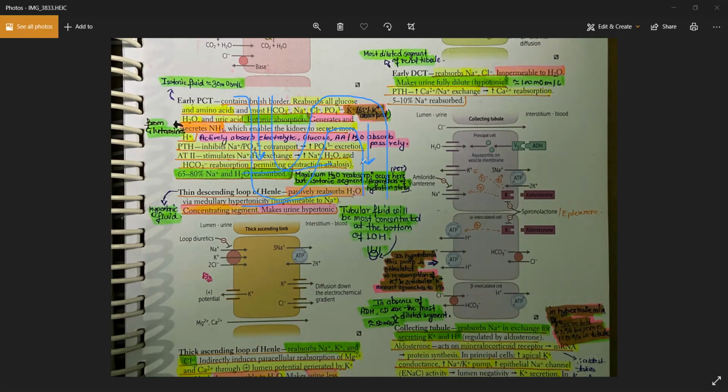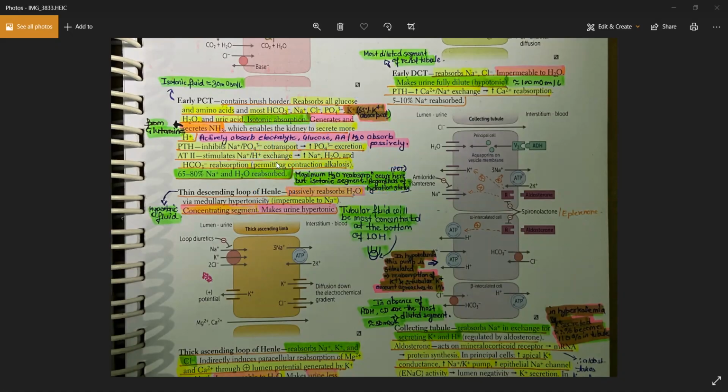In that scenario, the concentration at the lowest part of my collecting duct is approximately equal to this portion. In a water-rich state, the loop of Henle is maximally concentrated. In a dehydrated state, the loop of Henle and the lowest portion of the collecting duct will both be maximally concentrated. So do note this fact also.